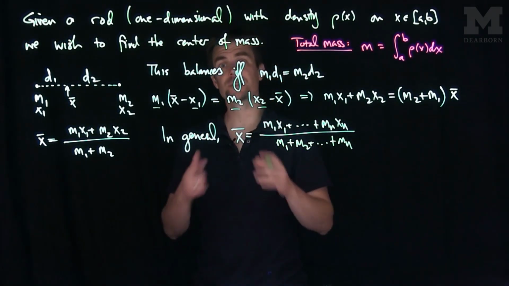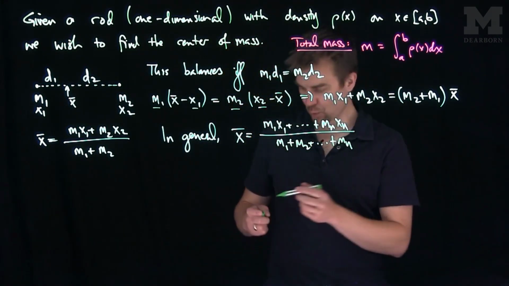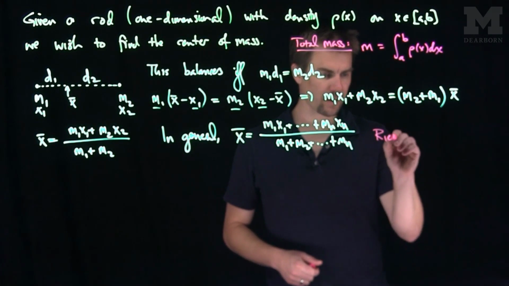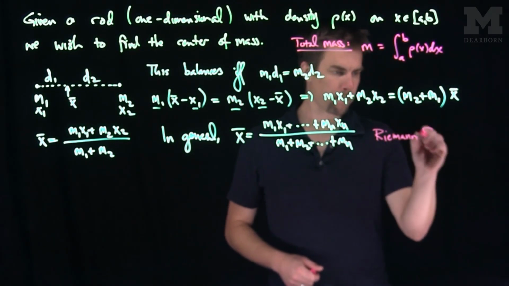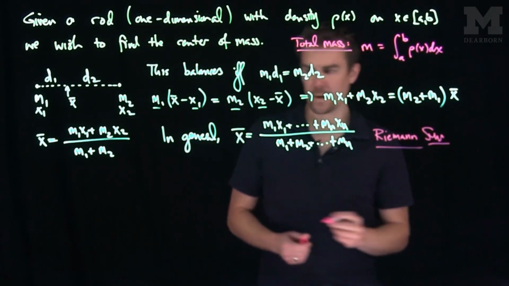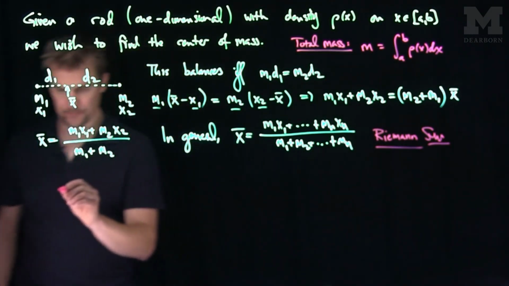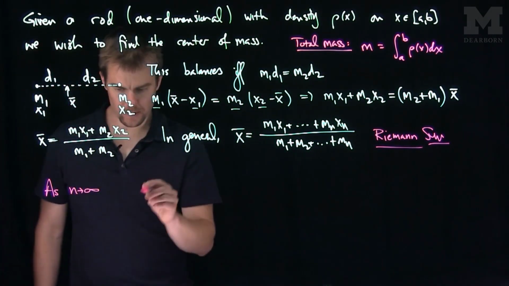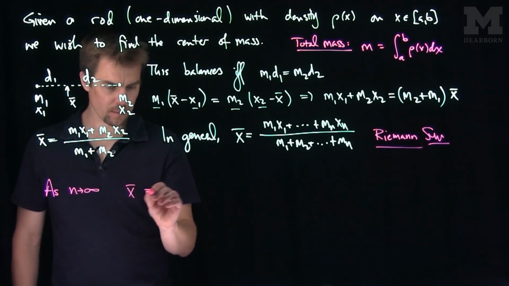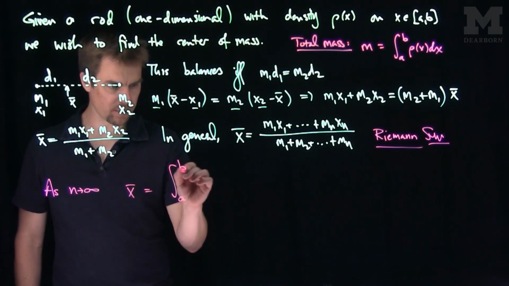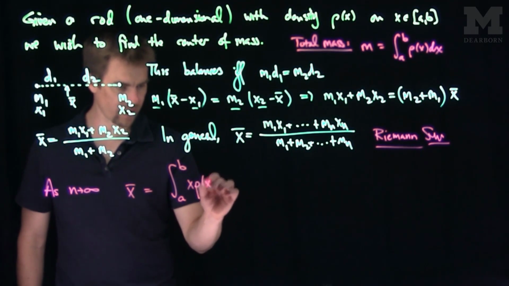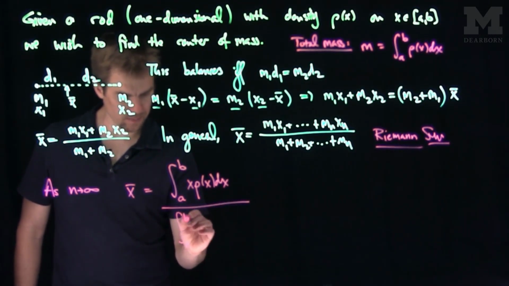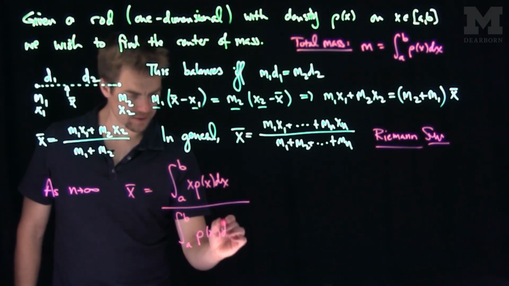And again, we can realize this is a Riemann sum. So this is really, in disguise, a Riemann sum. And as n goes to infinity, the center of mass becomes the integral from a to b of x rho of x dx over the integral from a to b of rho of x dx.